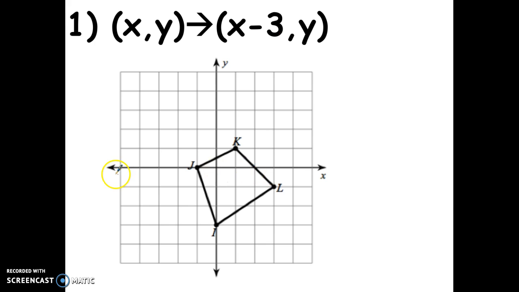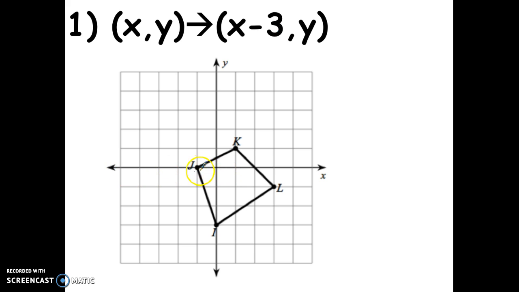So let's look at our x-axis. As I move along this x-axis, what direction am I going? I'm going left and right, left and right. So when we look at this x minus 3, which way do we think we're going to be going, left or right? The answer is left.